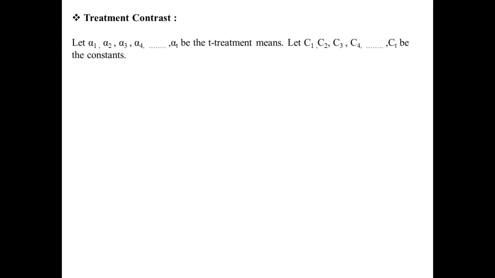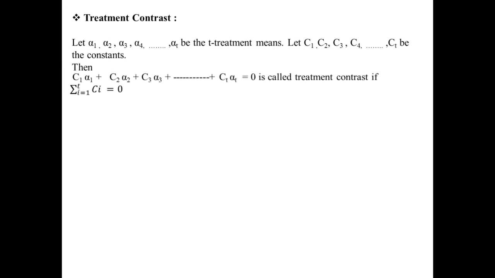So the next concept is treatment contrast. What is treatment contrast? Let alpha 1, alpha 2, alpha 3, alpha 4 up to alpha t be the t treatment means, and let capital C1, C2, C3 up to Ct be constants.